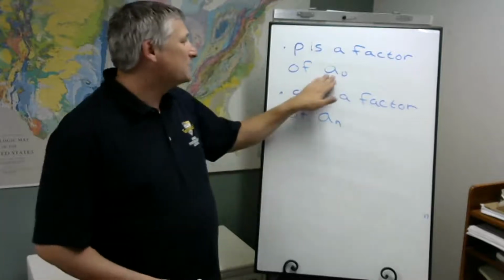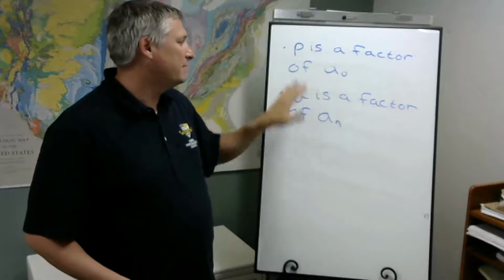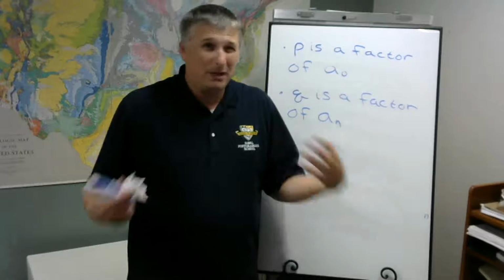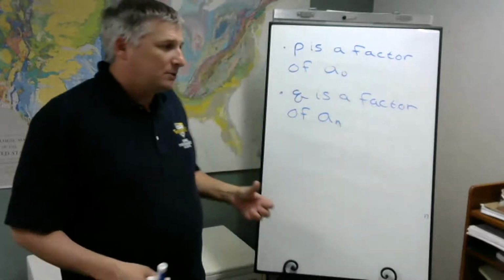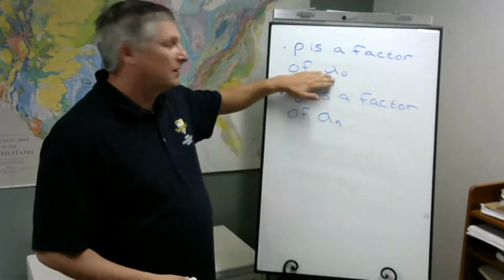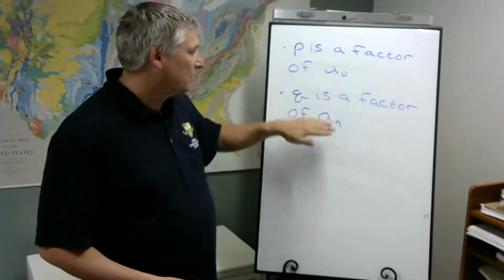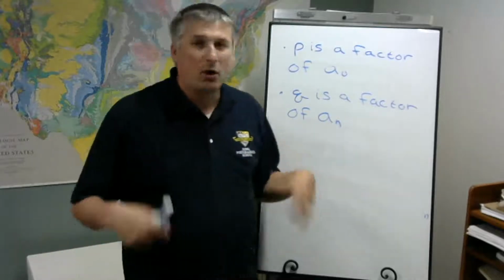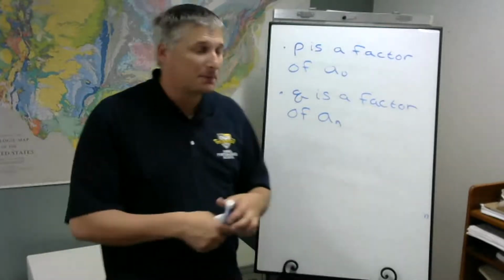So we're going to get a list of possibilities for p and a list of possibilities for q. And since we want p over q, that means we need to consider all possible combinations of numbers from this list over numbers from that list. So we're going to generate really a whole bunch of fractions or rational numbers.